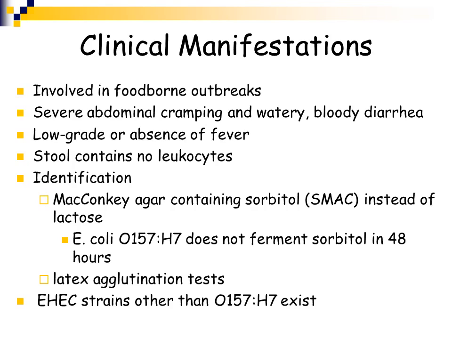So if you take your stool and you grow it on blood agar, you're going to get all of your gram-negatives and gram-positives to grow. The only thing you're not going to grow are your fastidious or your fussy organisms. However, if you use MacConkey, none of the normal gram-positive organisms are going to be able to grow. Only your gram-negative organisms will grow. MacConkey agar also allows you to identify lactose fermenters.